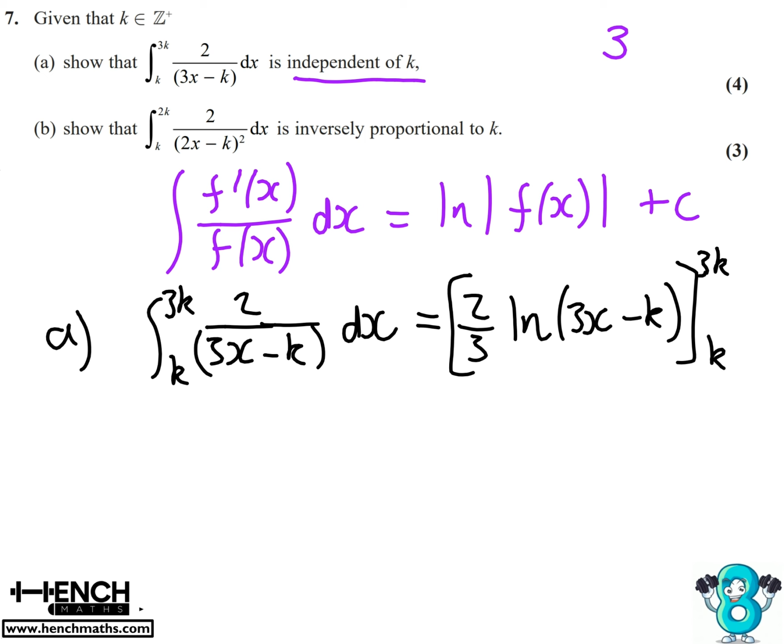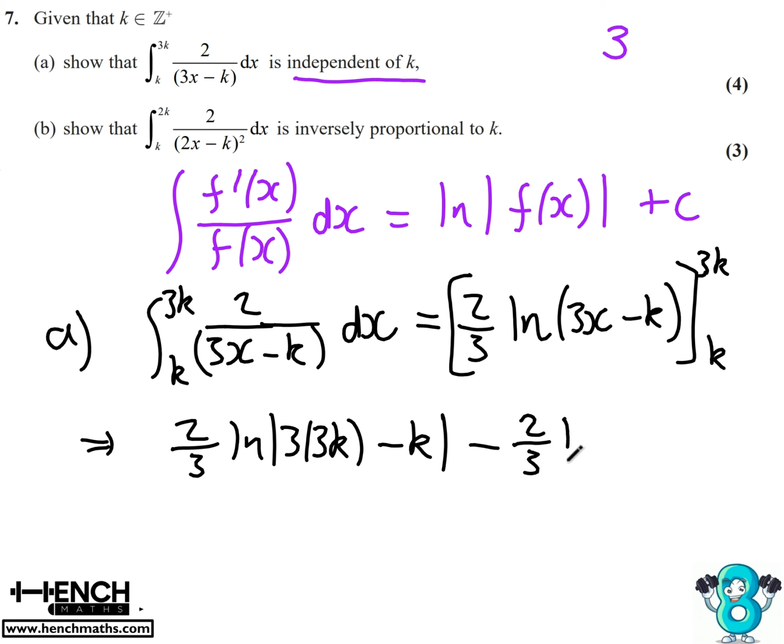So now we're going to put our limits in and hopefully everything will cancel out. So we're going to sub 3k in there first. 2/3 the natural log of 3 times 3k subtract k. We're going to subtract 2/3 times the natural log of 3k subtract k.